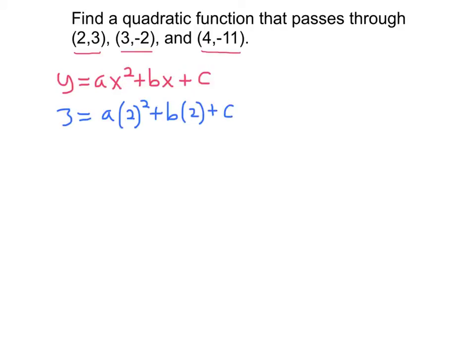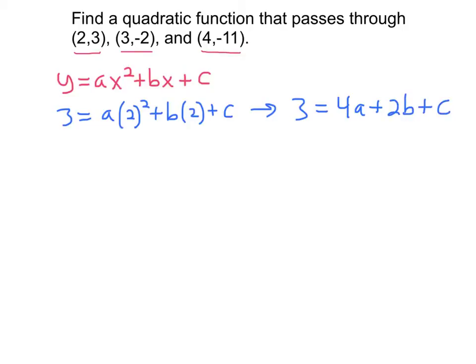And we want to simplify that, so I'm going to write that over here. So that really gives us 3 equals 2 squared is 4, so we have a times 4, so 4a. And then b times 2, we'll write that as 2b plus c.